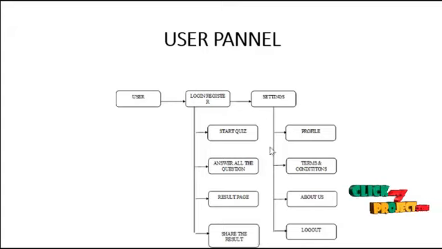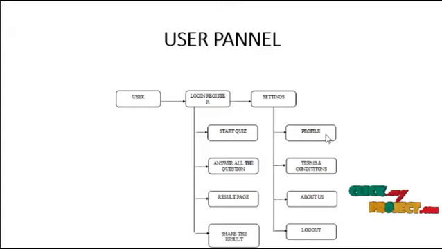Then the settings page. In this settings page we have the profile, terms and conditions, about us and logout. In the profile we have your name, your mail ID, your phone number, and the profile picture also.